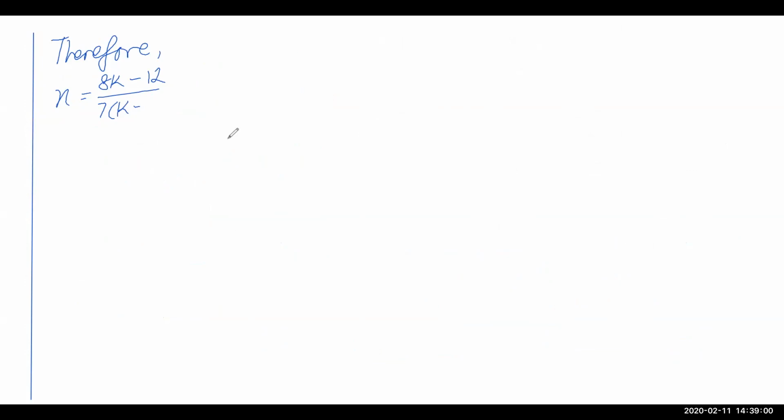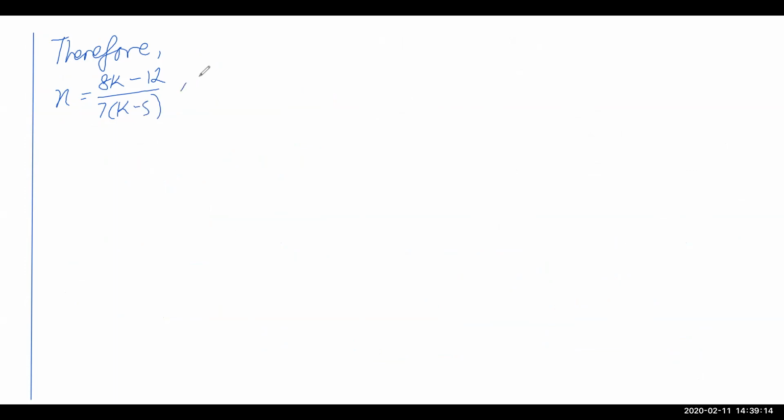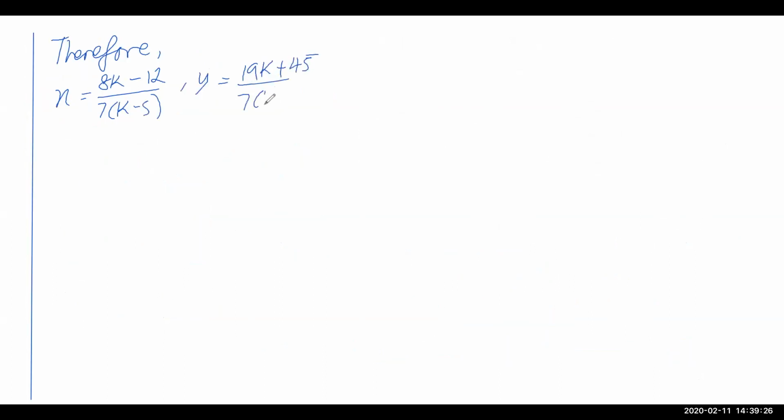So minus, is that 5 in the bracket? I expect you to please follow the solution, not just try to take pictures or copy stuff. That's 5. So y is 19 plus 45, if the same denominator, 7 into k minus 5.